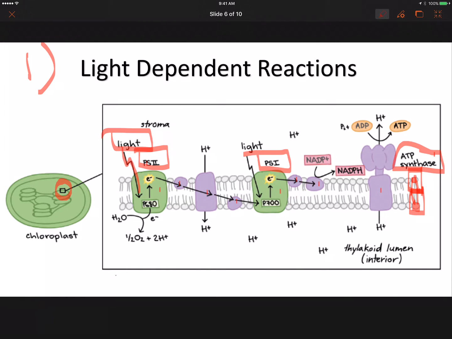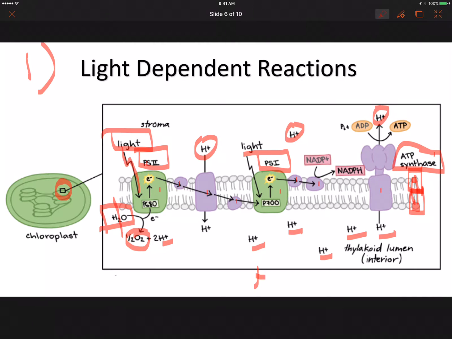That sunlight is used to split that water molecule in half, and it produces my oxygen, and it also produces a whole bunch of hydrogen ions. And you could see in this picture there's a whole bunch of hydrogens on the inside of my thylakoid and not as many on the outside.